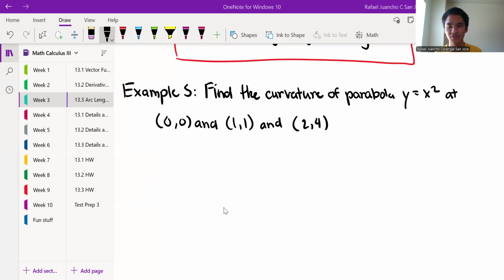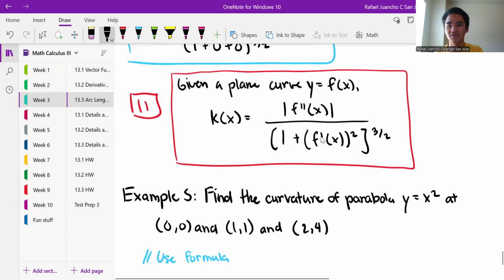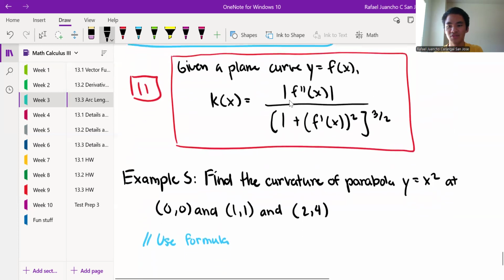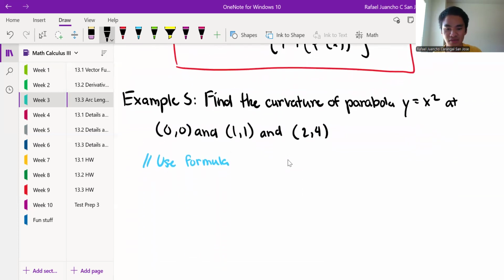So let's just use the formula. Here we treat y as f of x. And so we get the first and the second derivative. So we get y prime is 2x. Y double prime is 2.